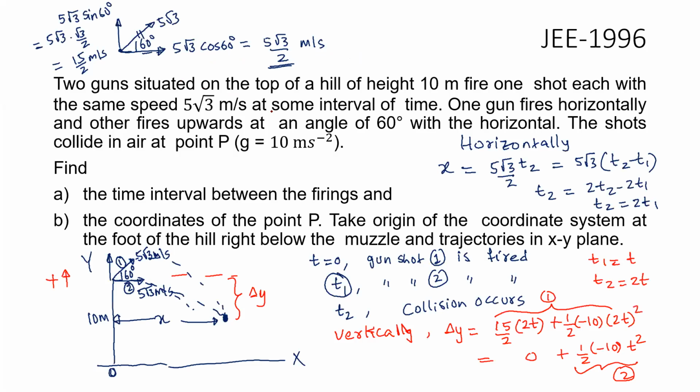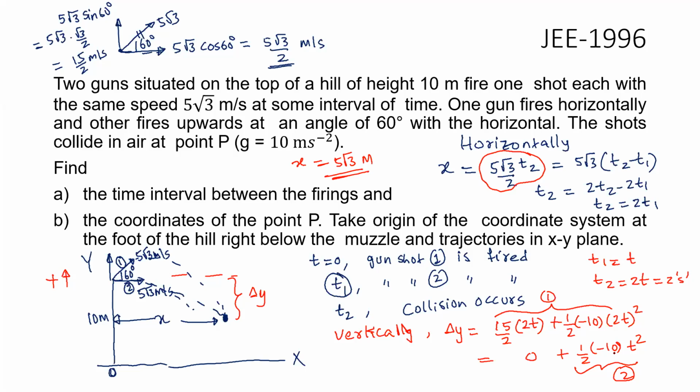Now once we get this time, I think we are done. So x, I can substitute here. So t equal to 1 second. So that means t2 will be 2 seconds. So from here, the value of x coordinate will be t2 is 2 seconds. So the x coordinate will be 5 root 3 meters.